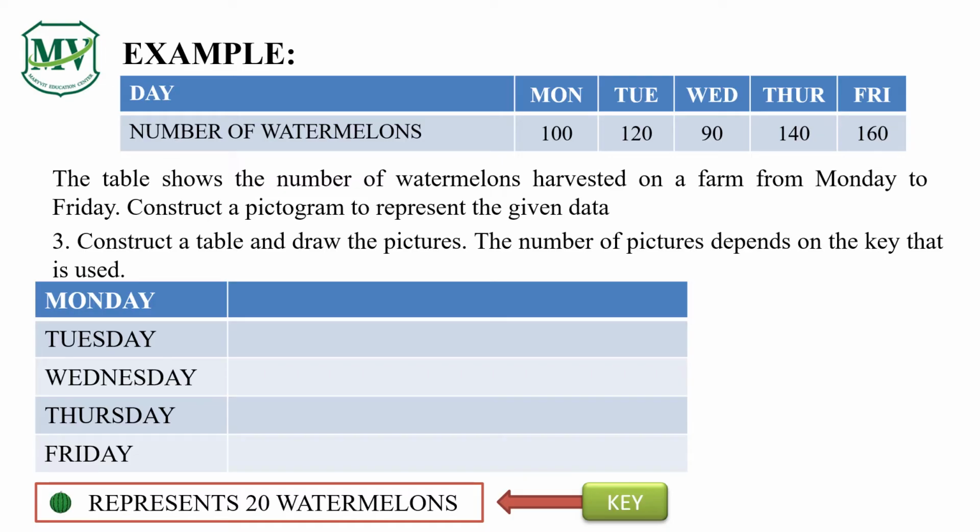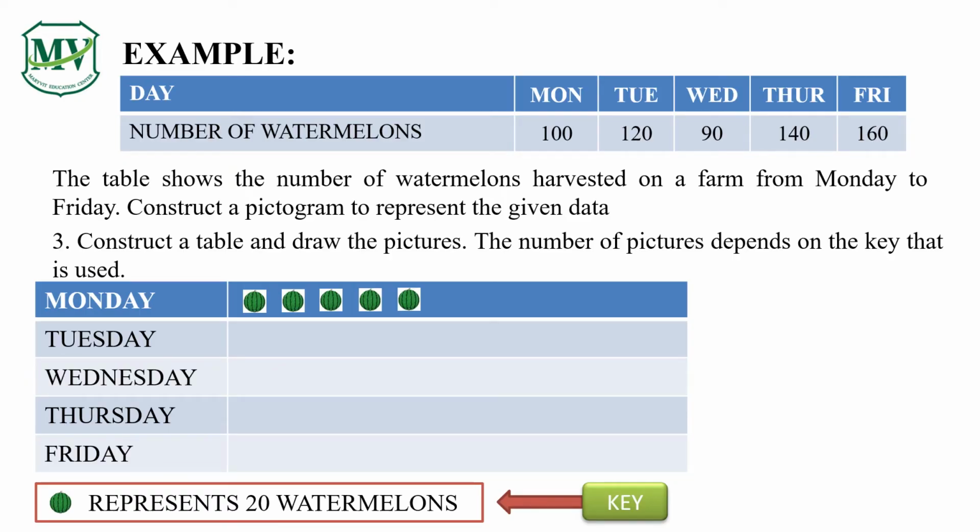Step 3. Construct a table and draw the pictures. The number of pictures depends on the key that is used. Our key is a picture of watermelon represents 20 watermelons. On Monday, they harvested 100 watermelons. So 100 divided by 20 is 5. So I draw 5 watermelons.